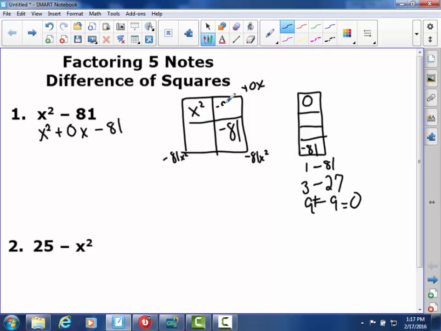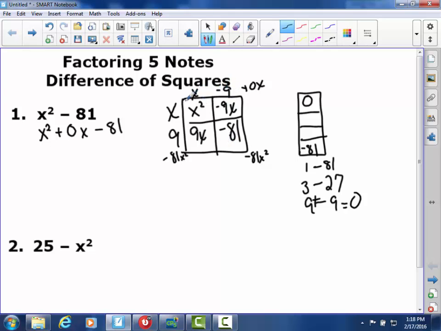So I put negative 9x and positive 9x, and then I use my factor box here to figure out what these two have in common. What can I multiply and find as a factor of both? That would be x here. And then these two both have a 9 in common, these two both have an x in common, and these two both have a negative 9 in common.